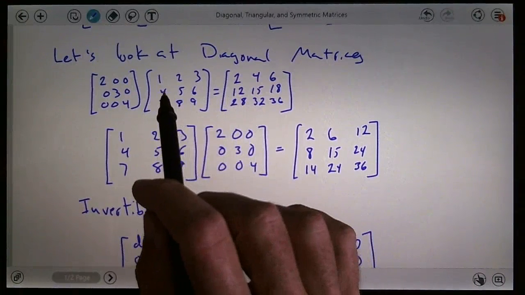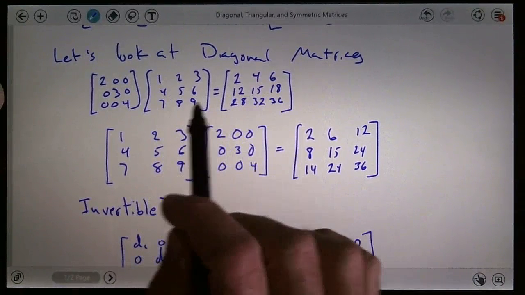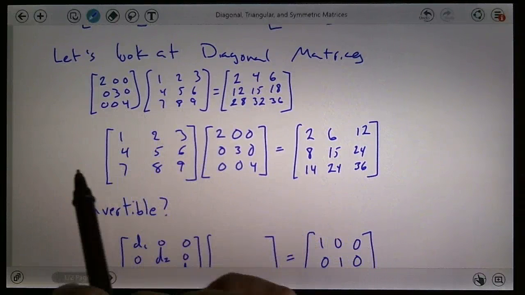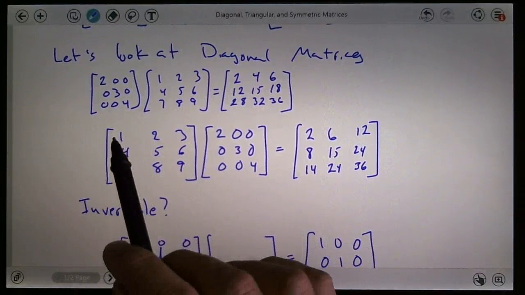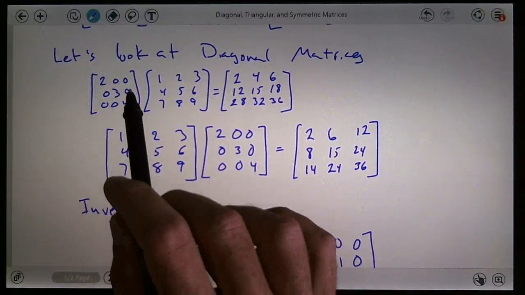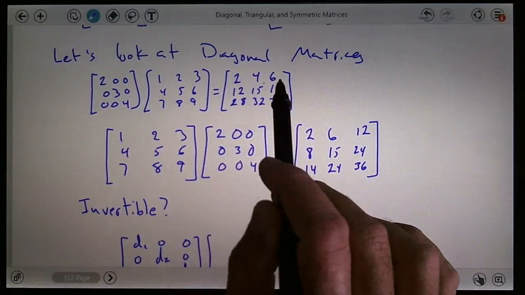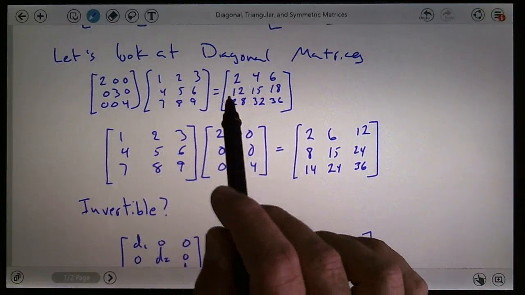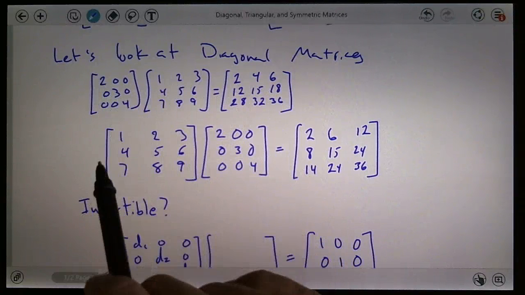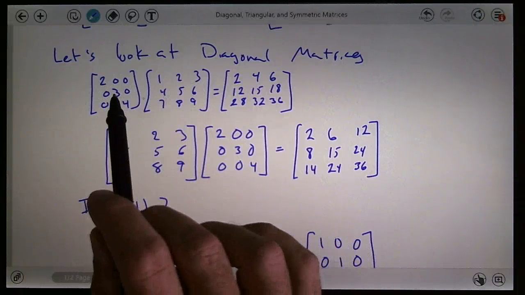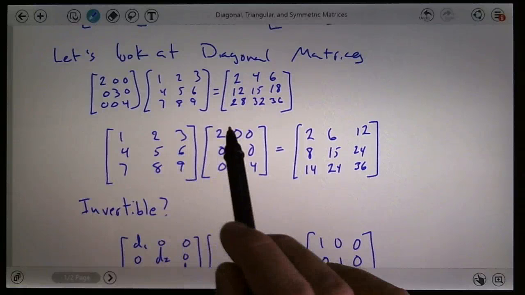What happens is this row got multiplied by 3, and lastly, you'd find that the third row gets multiplied by that 4. Multiplying by a diagonal matrix on the left has the effect of multiplying each row in this other matrix by the corresponding entries on the diagonal. So the first row gets multiplied by the first entry in the diagonal, the second row gets multiplied by the second entry in the diagonal, and so on.